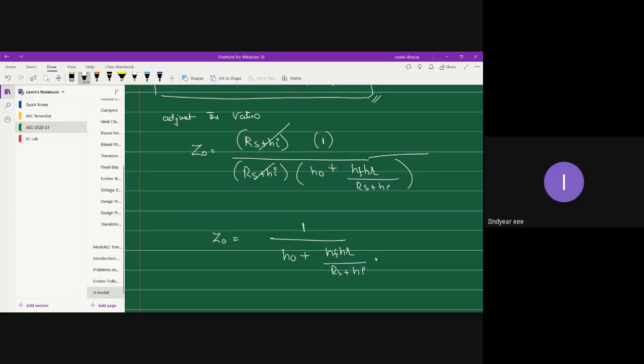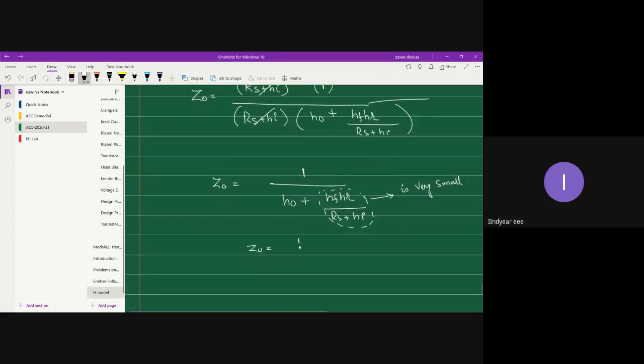What I'm trying to tell you is that if this term is very small, then you would have had your Z naught as 1 by H naught. This is basically your ideal impedance. But due to the exact analysis, you have the other terms coming into the picture.